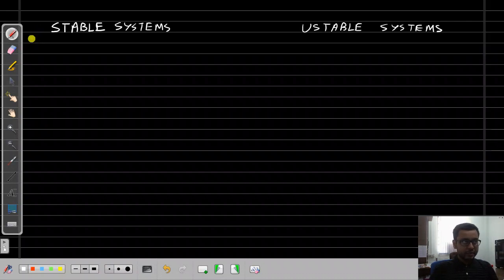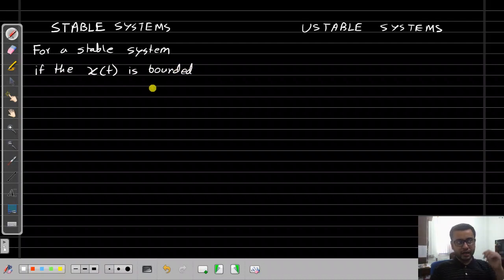So for a stable system, if you maintain the input to be bounded, if the input x of t is bounded, that means not very large, not infinite, then the output y of t will also be bounded.